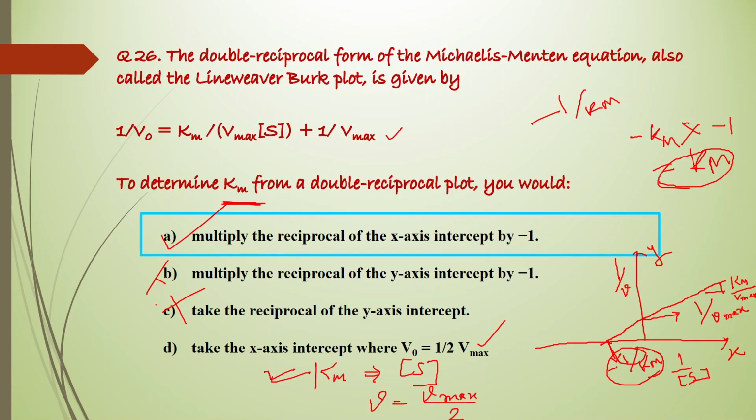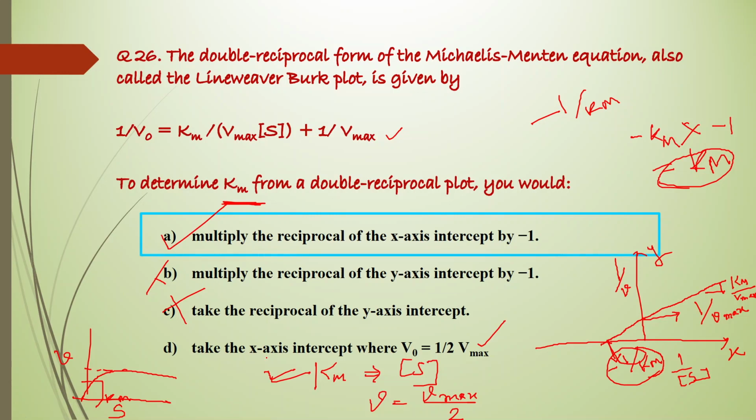But do remember that this is valid for the V versus S plot, the normal Michaelis-Menten equation, where you can get Vmax and at Vmax divided by 2, this gives you Km.